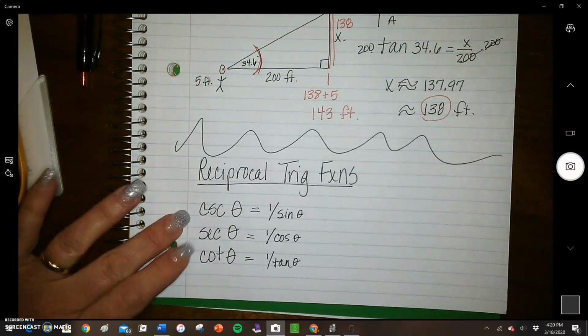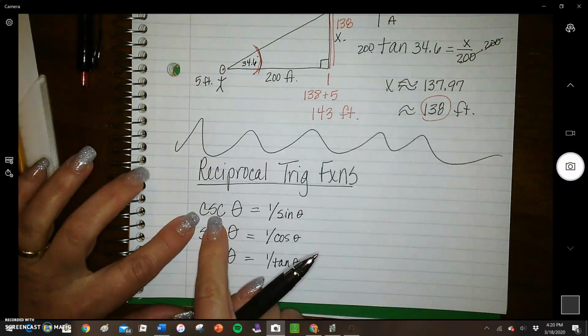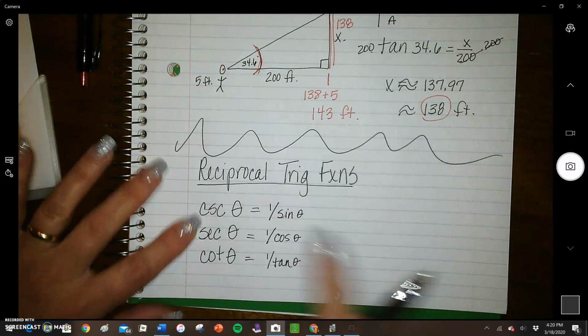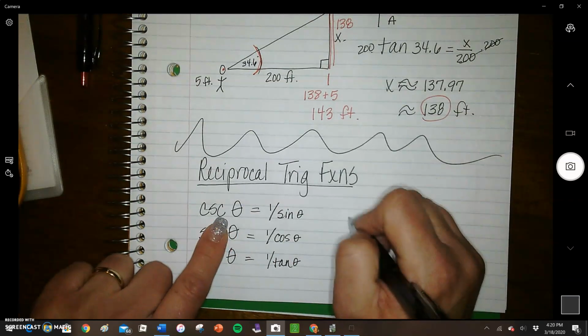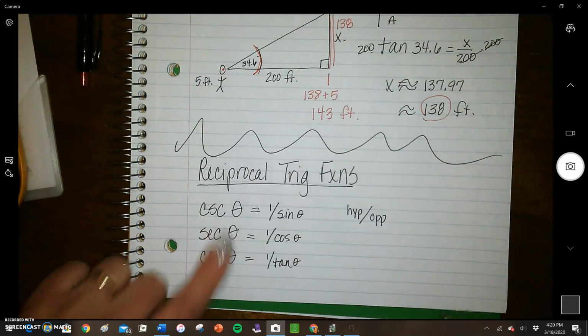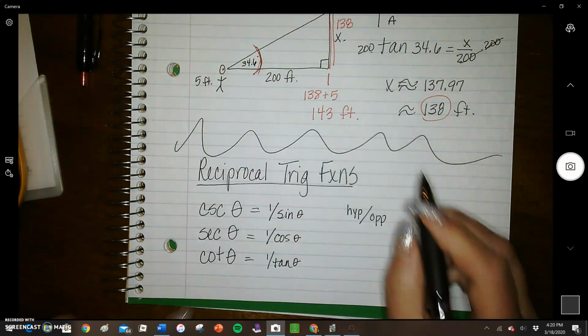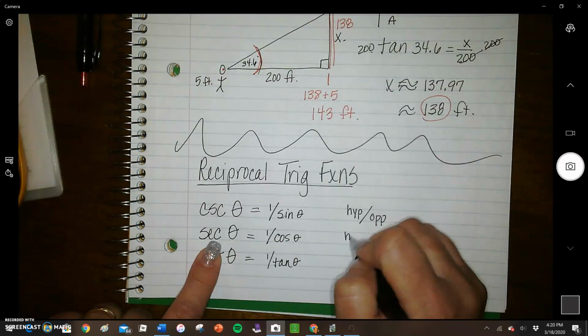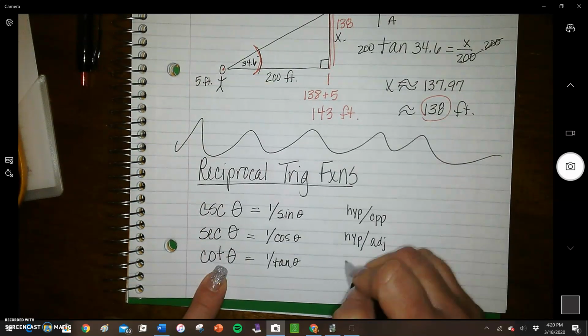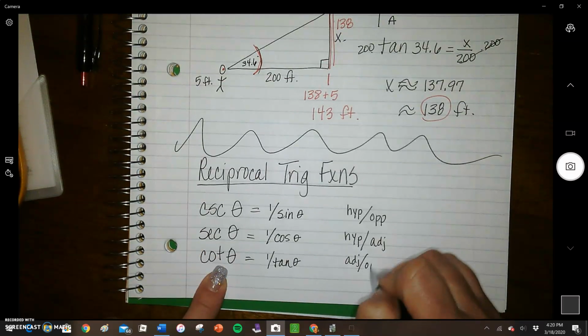So one of the things that I always remembered is that you would think that cosecant and cosine go together, but they don't. Okay, cosecant and sine go together. So the cosecant is going to be the hypotenuse over the opposite side. They're just reciprocals of each other. Okay, secant is going to be the hypotenuse over adjacent. Cotangent is going to be adjacent over opposite.